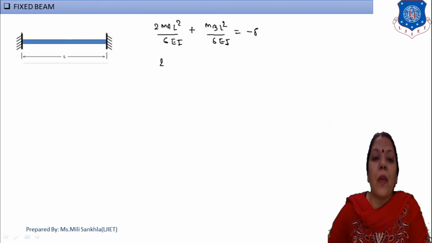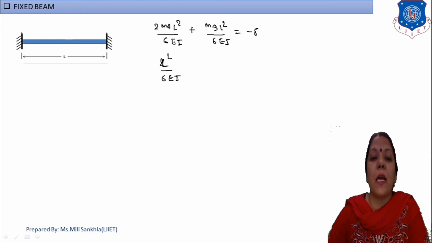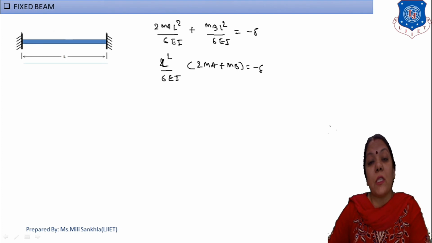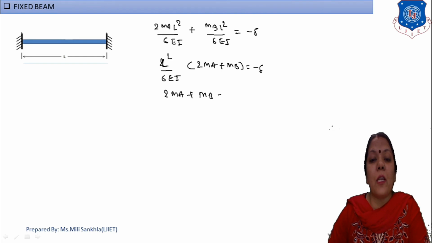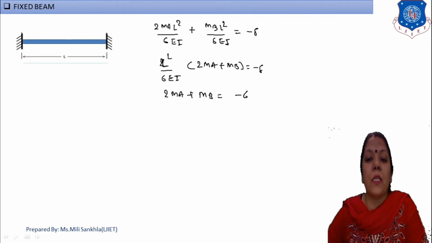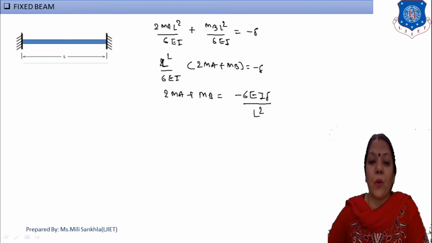Now simply the common value is L square by 6 EI, and in the bracket the remaining values are 2 MA plus MB is equal to minus delta. Now simply cross multiply this term, what will be 6 EI delta by L square. Okay, this is my second equation due to support B settled by amount delta.